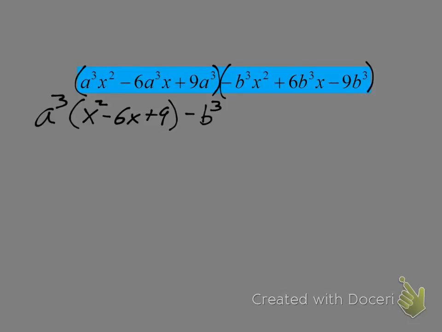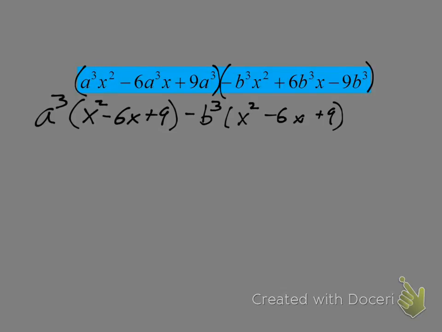Why don't you just do b cubed and then do negative x squared? You got to get this to match the next one. So see how x squared is positive here? If you just did b cubed, then you'd have the negative x squared. So they have to be the same. If they're the same but signs are off, you take the negative out, which is going to leave you with the x squared minus 6x plus 9.